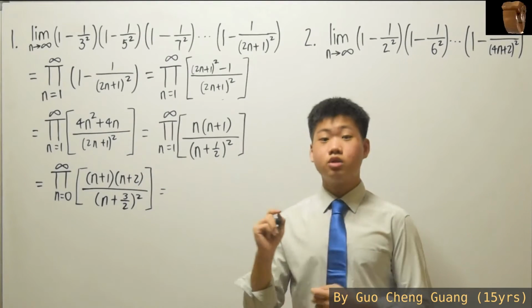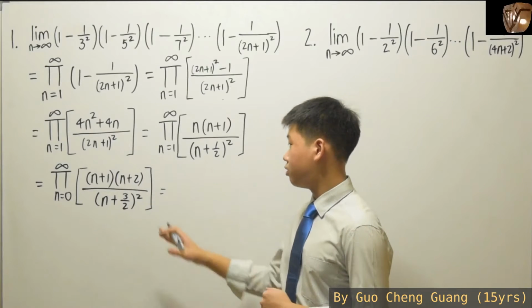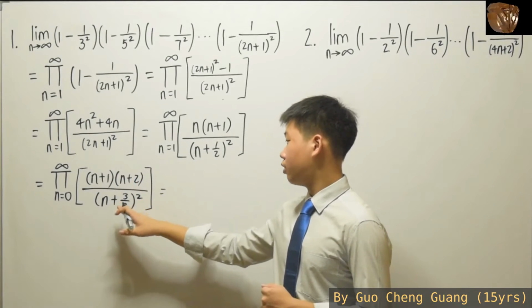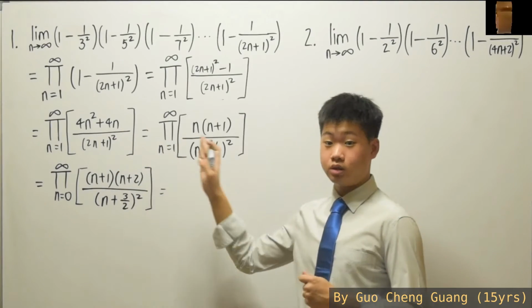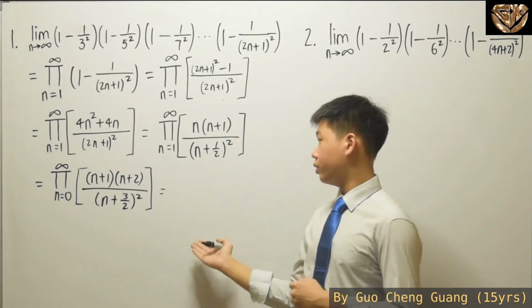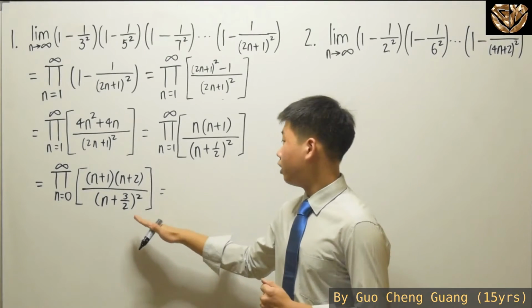Now you can use your Wallis product. In the Wallis product, you have 1, 2, 3 over 2, 3 over 2. So 3 over 2 plus 3 over 2 is equal to 1 plus 2, which satisfies the condition in order to use your Wallis product. Now how does it go?